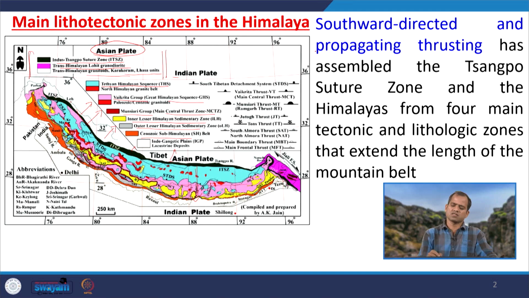So, these southward verging thrust sheets like MFT, MBT, MCT, all those thrust sheets come towards south, originated from the north, and this southward propagation has assembled this Tsangpo Suture zone and the Himalaya from four main lithotectonic domains or zones, and it is continuing all along this Himalayan range, around 2500 kilometers.